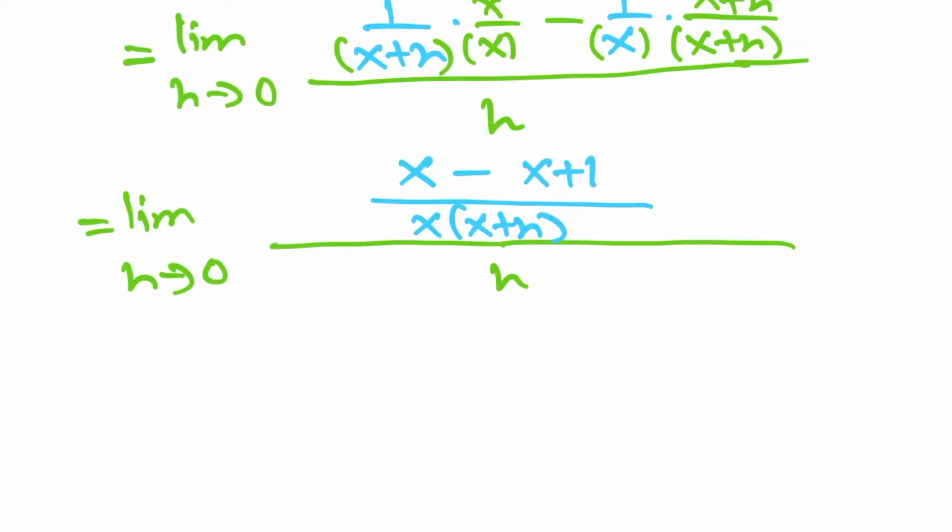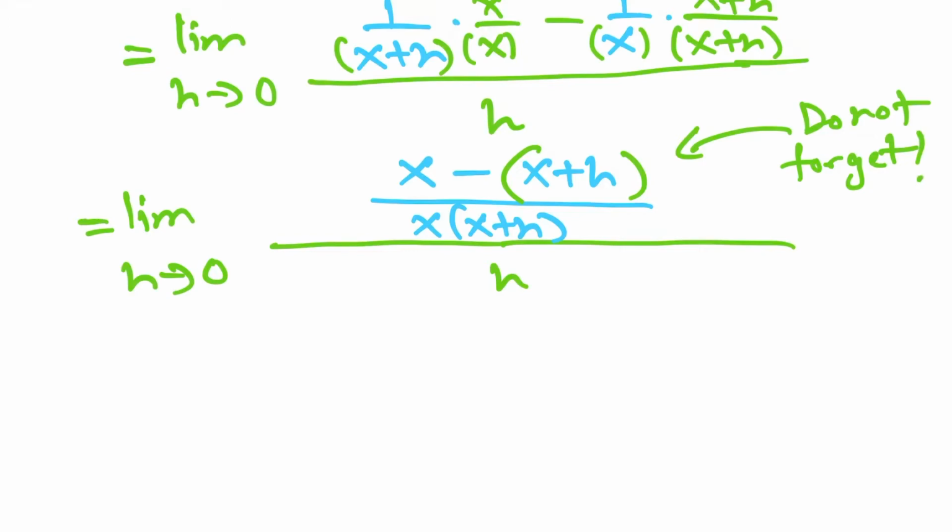The mistake is they do not use parentheses. You must use parentheses, because this negative sign is going to change the sign. Do not forget to use parentheses. This is a really common mistake. Do not make this mistake.